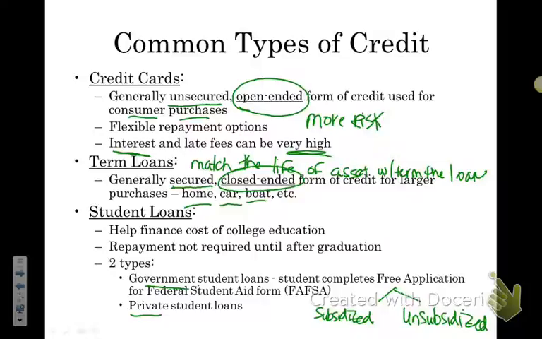So when you graduate, that $5,000 loan is still a $5,000 loan. You start accruing the interest on that loan when you graduate. Okay? With an unsubsidized loan, you start accruing the interest from day one. So starting in September, even though you don't realize it, you don't have to start repaying it until you graduate.